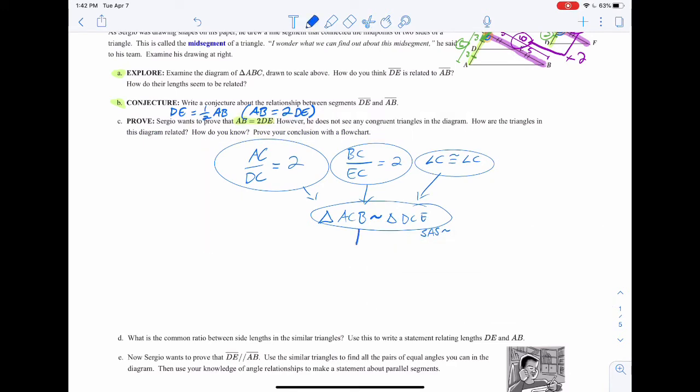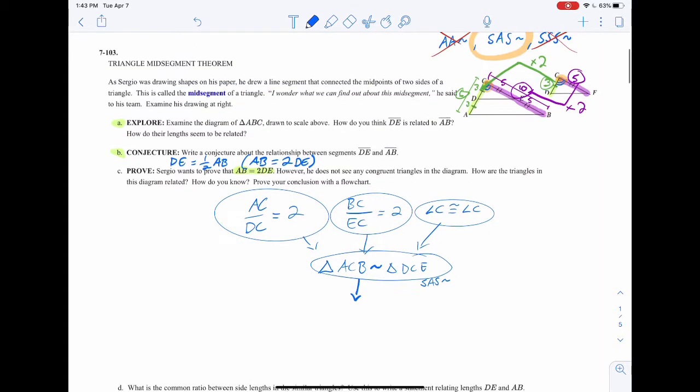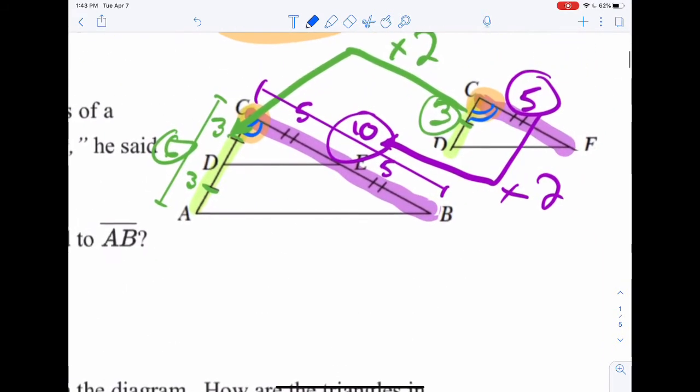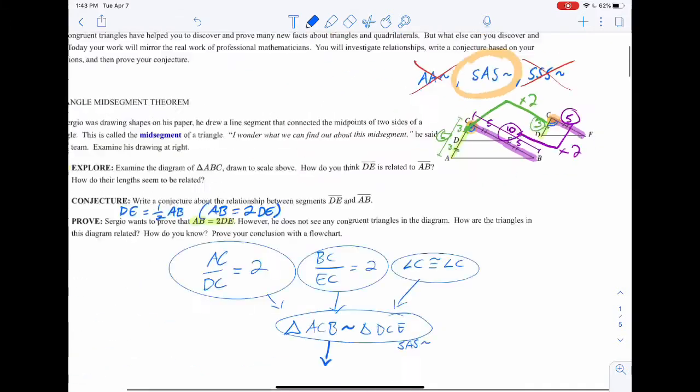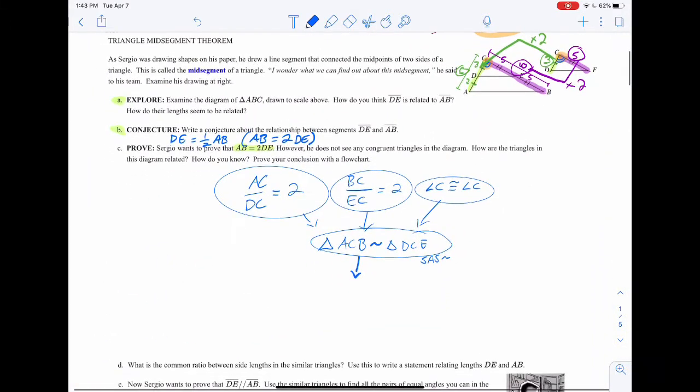So if triangles are similar, what then do we know about that other side ratio? If they're similar, what must be the ratio of AB over DE? These two sides, AB and DE.